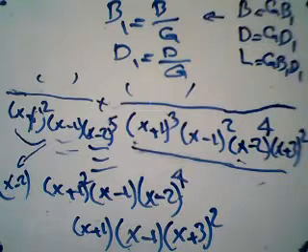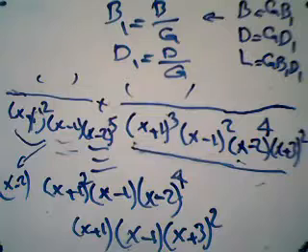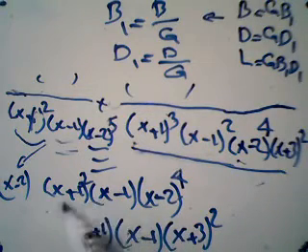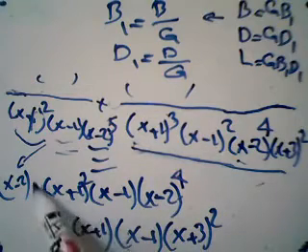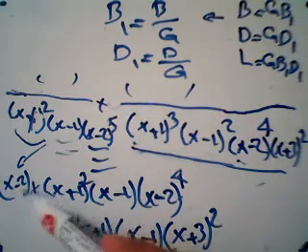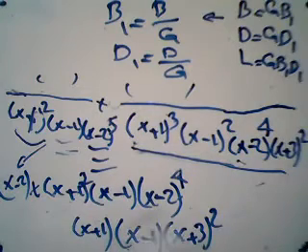So the least common denominator or multiple is this. Okay, this times this is B1, and this times this.